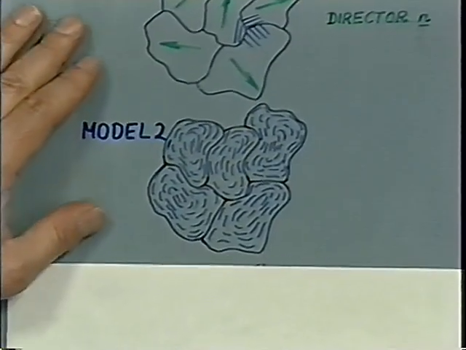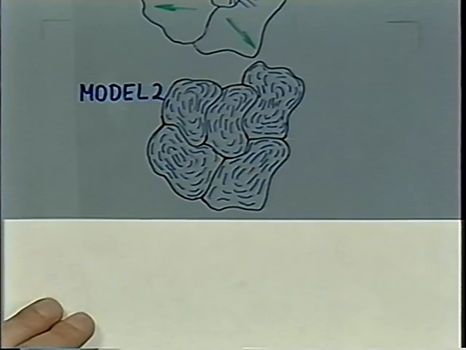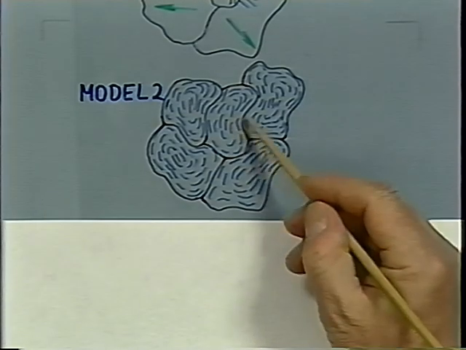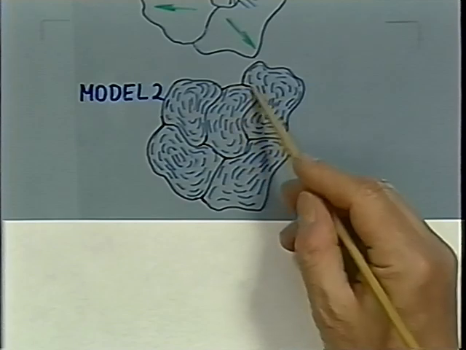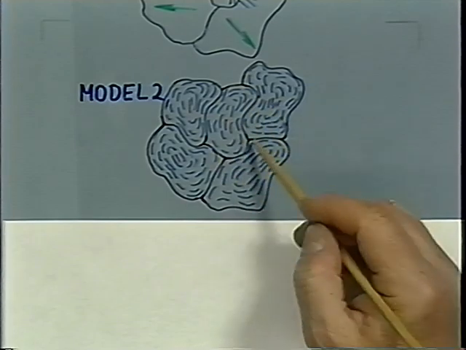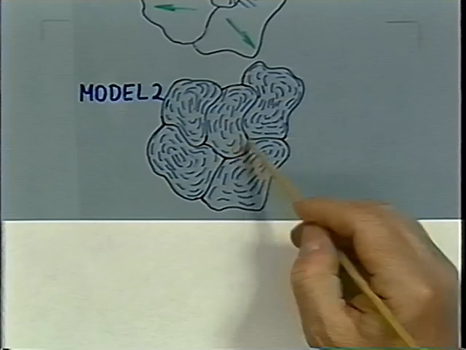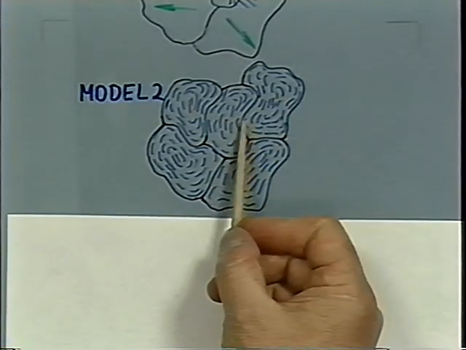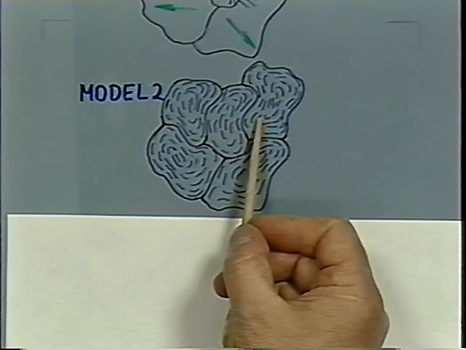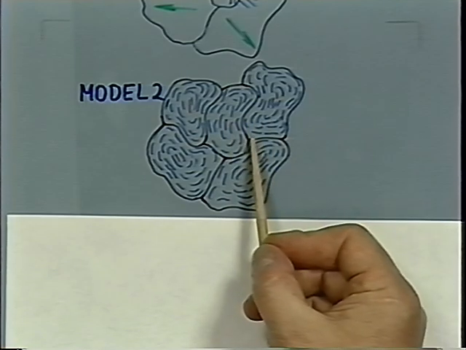A more realistic model would be one where molecules align locally, and as you form regions like this, there will be disclinations where the director vector changes gradually across in this direction, but there are discontinuities in the director vector.